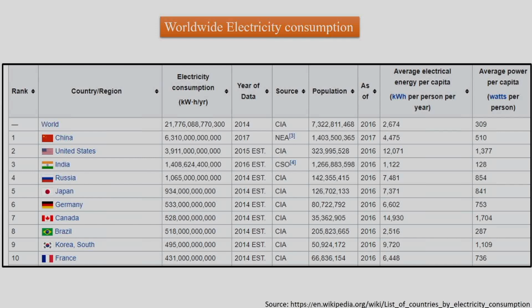The unit is kilowatt hour per year. We can see that it's a very big amount, where China is the lead country and India falls out to be the third country as per this table. So we need largely electrical energy, and that electrical energy would get further utilized for various applications.